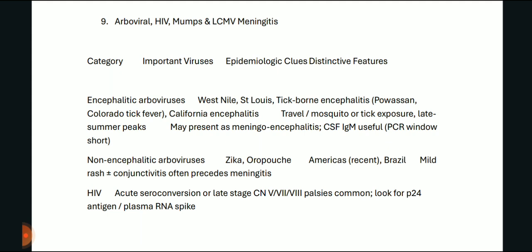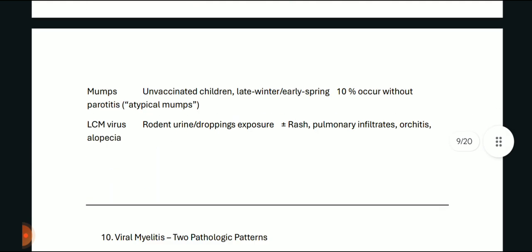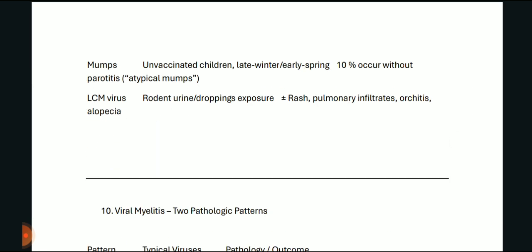This often precedes meningitis. In HIV, acute seroconversion or late stage, cranial nerve 5, 7, 8 palsies are common. And we have to look for P24 antigen or plasma RNA spike. The mumps virus in unvaccinated children, the late winter or early spring season, is the peak of this. 10% occur without parotitis, which is atypical mumps, not involving the inflammation of the parotid gland.